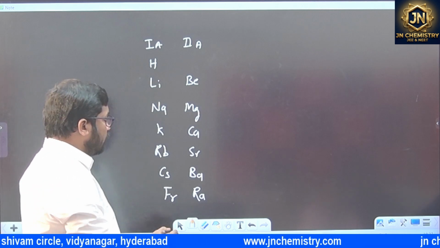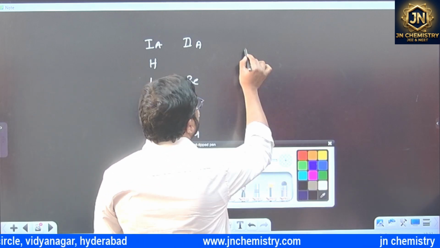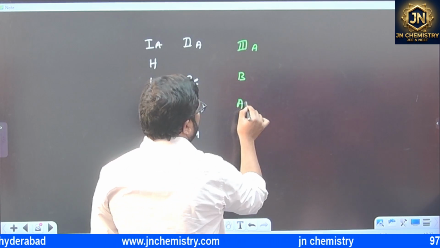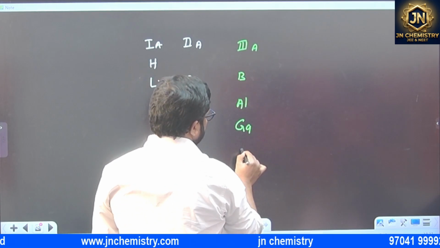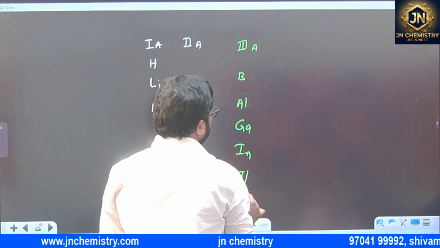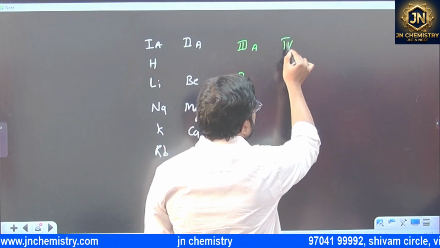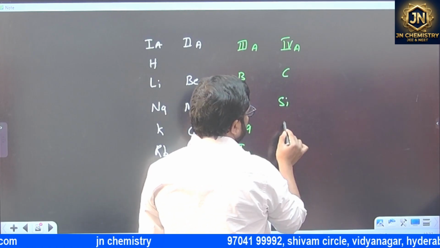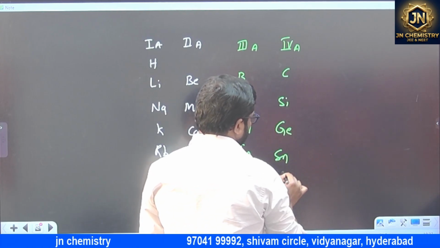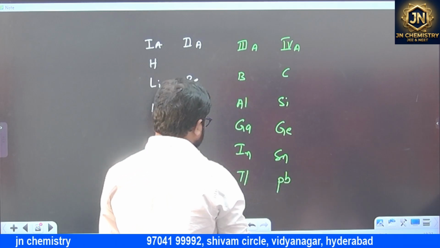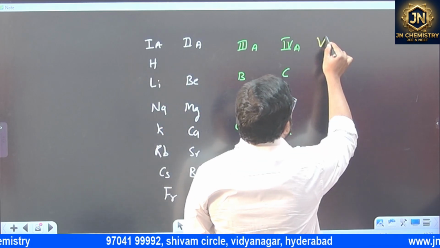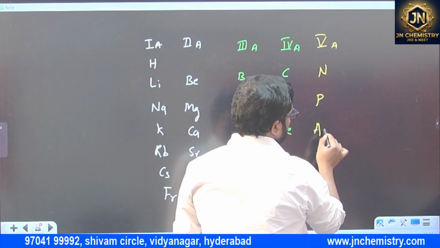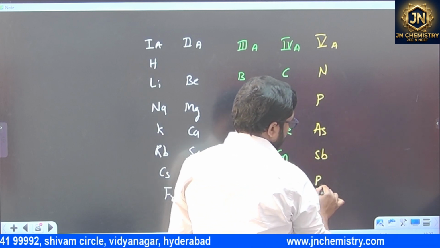Third A group elements: boron, aluminium, gallium, indium, thallium. 4th A group elements: carbon, silicon, germanium, tin, lead. 5th A group elements: nitrogen, phosphorus, arsenic, antimony, bismuth.